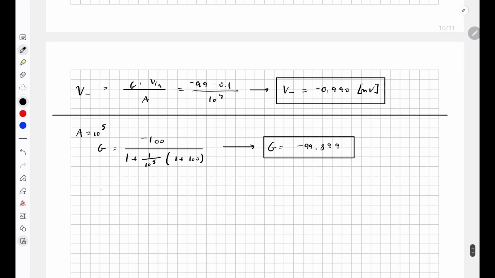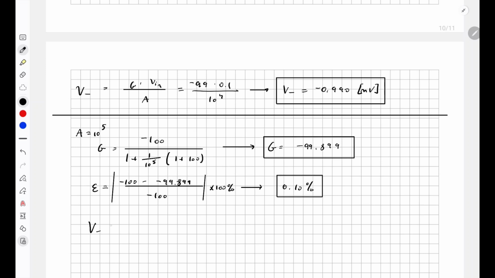Okay, percent error is ideal minus -99.899, divided by ideal, times 100%. I have this written down as 0.1%.